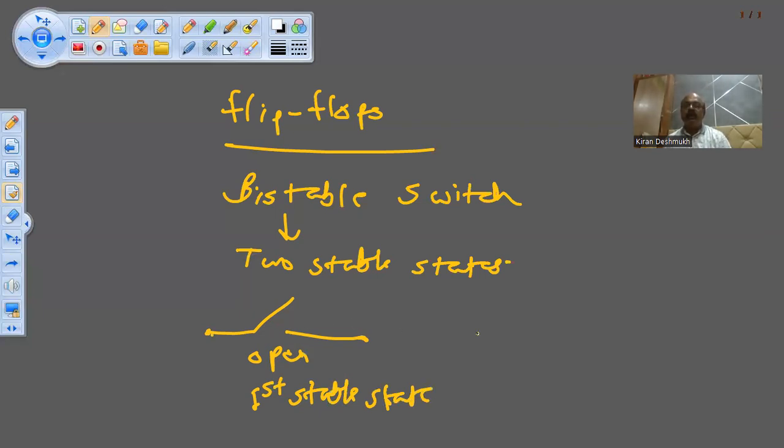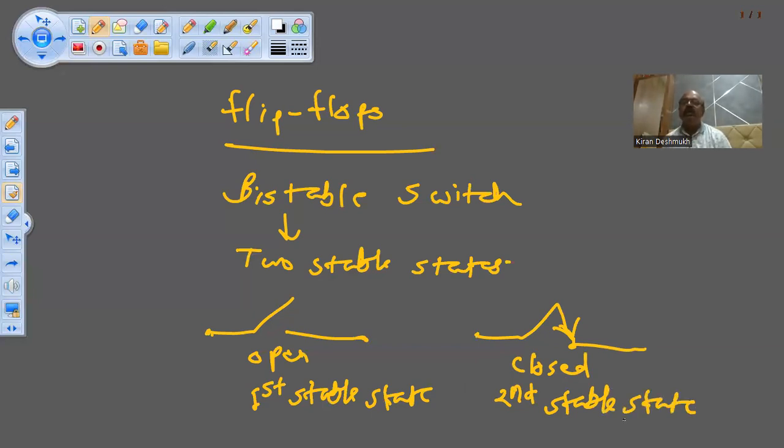Then this switch is closed. This is the second stable state. Once you close the switch, it will remain in that state unless and until you open it again. So the open state is one stable state and the closed state is another stable state.